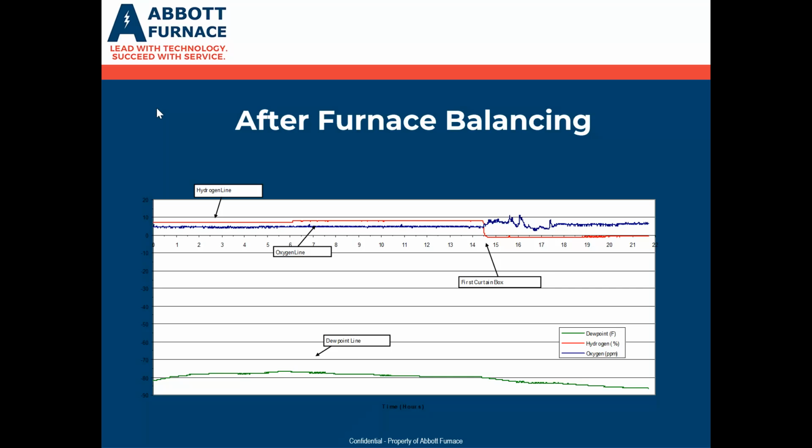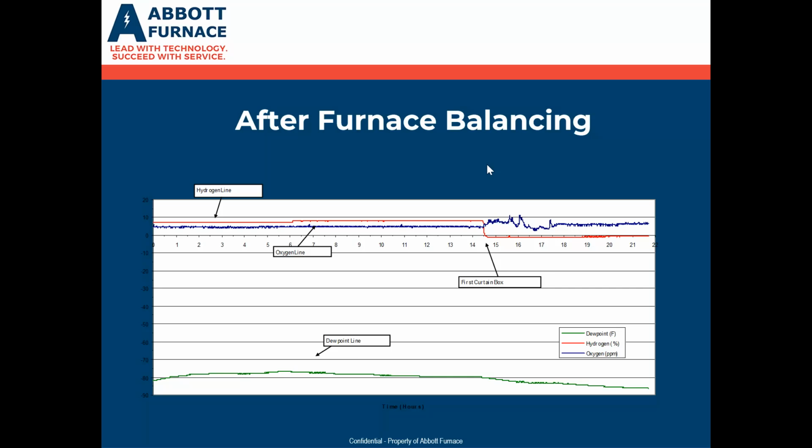Then we'll do an after, when we hook the carts up and we move the rotaries around and optimize that atmosphere flow. Now you can see the hydrogen is up in the front half of the furnace. Then when we hit the curtain box in the furnace with the first curtains where we have that barrier, you can see the hydrogen drops off to almost zero. So we're pushing that hydrogen forward where it helps with the product.